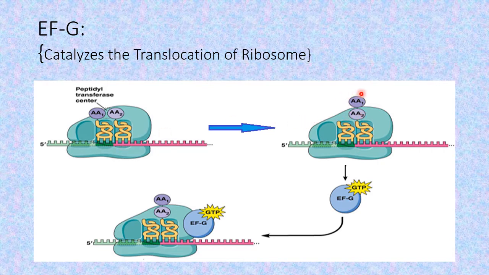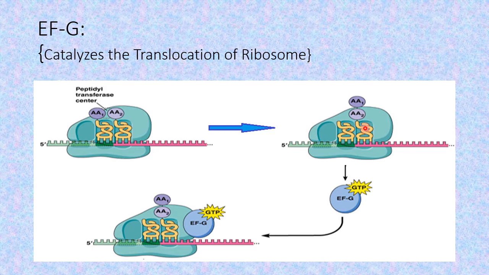And once both these amino acids come in contact with each other, this RNA molecule, the ribozyme peptidyl transferase, will form a peptide bond between the carboxyl group of the first amino acid and the amino group of the second amino acid.